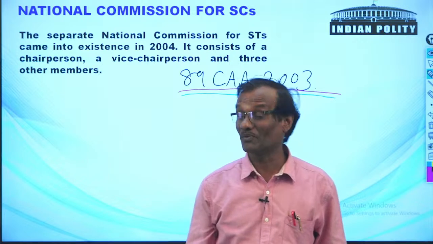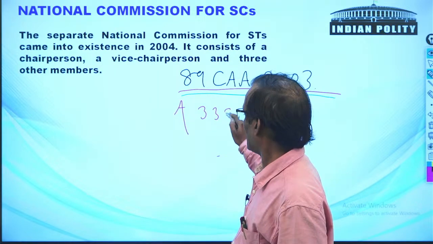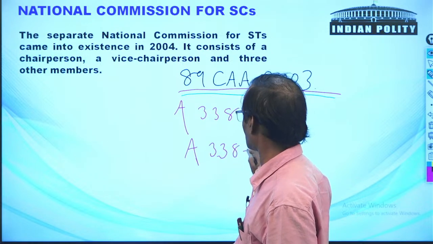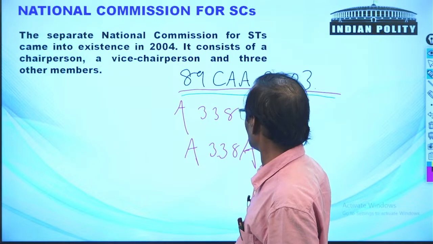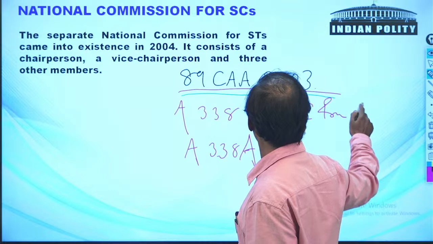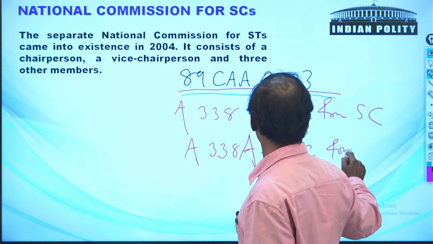And for this purpose, Article 338 and Article 338A, the new article, emerged. Article 338 works for the National Commission for SC, and Article 338A works for the National Commission for ST.